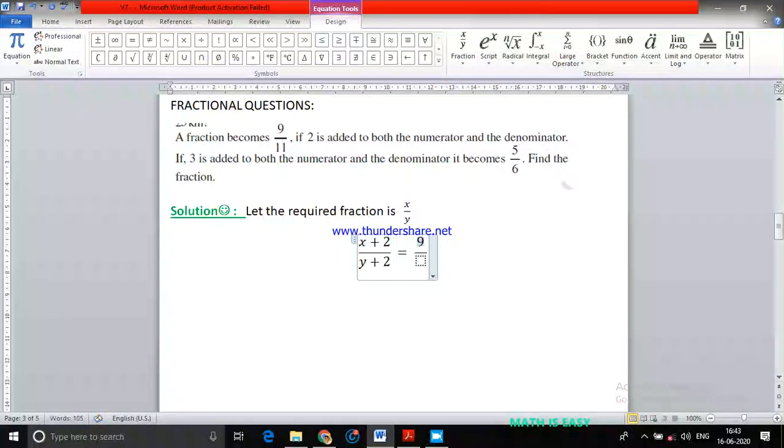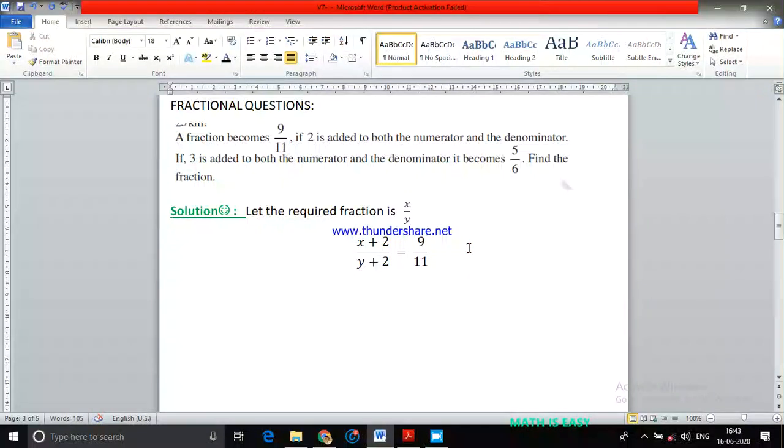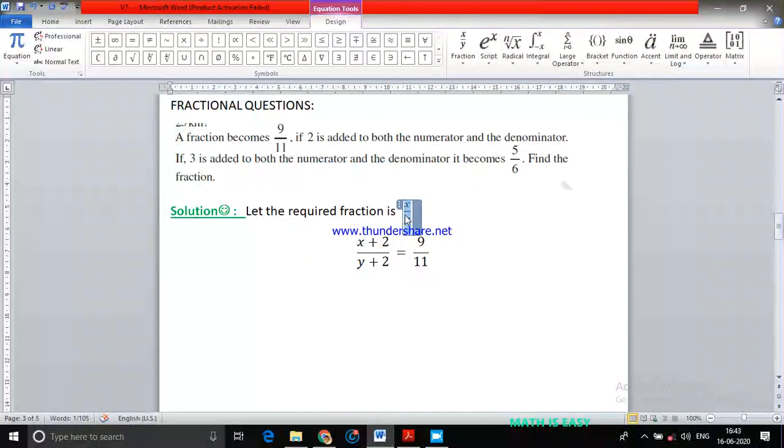So I hope you understood how to read the equation and how to represent this one. This is our required fraction.